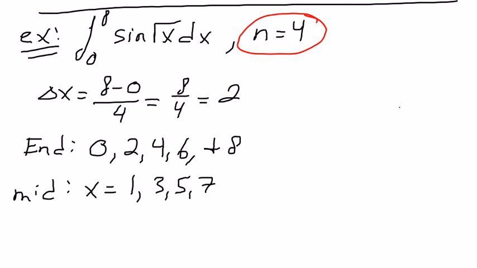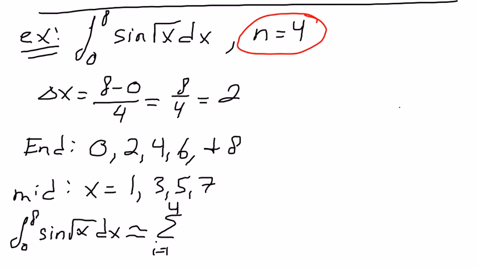Going back to our formula, remember what we had, the sum. Now we're going to have 4 for n, starting at 1, and we're simply going to add up those sums.